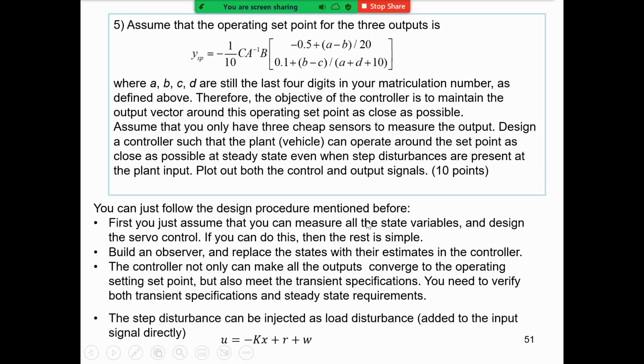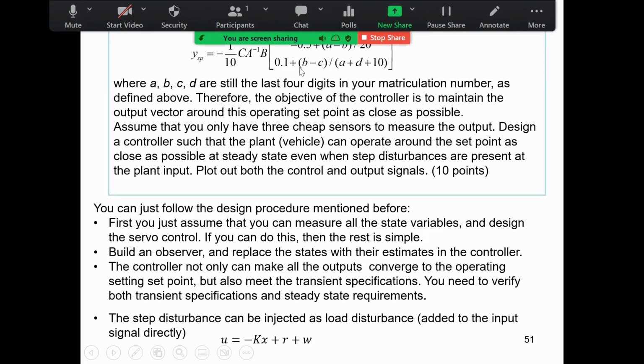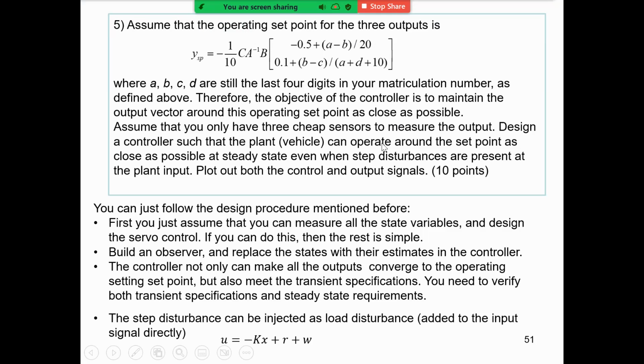Okay, for this question, of course, there is an extra level of difficulty because you have 2 inputs, right? But you have 3 outputs. But for the 3 outputs, the set point is specified in a very special form. You try to understand why it is in that form, and when you directly follow the method, you may realize some problem, but you try to think out a way to overcome these issues.